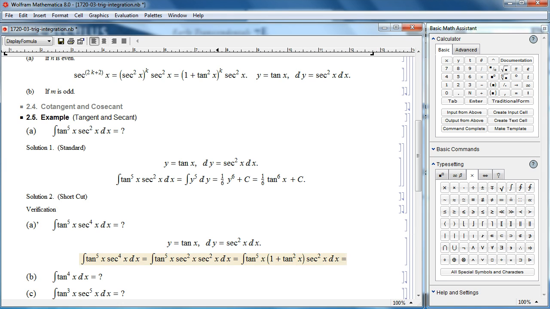Here we go. So tangent to the fifth power, and then 1 plus tangent squared.